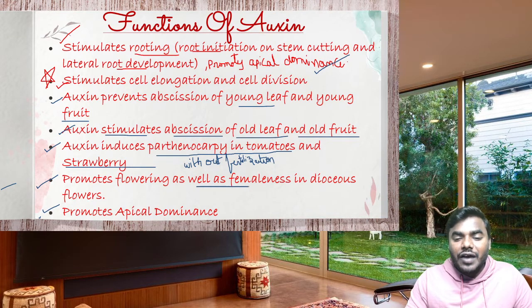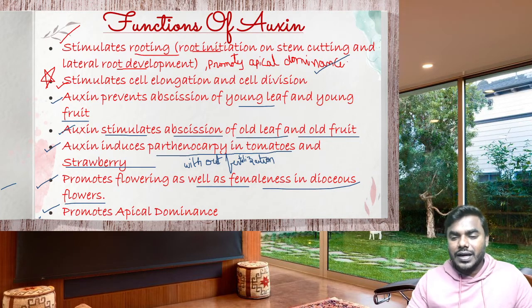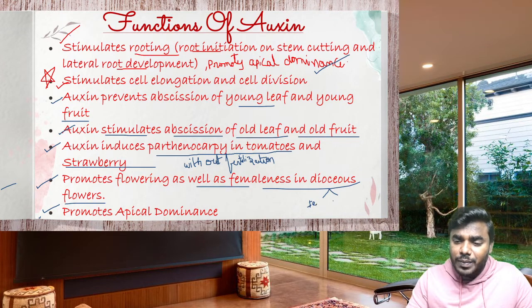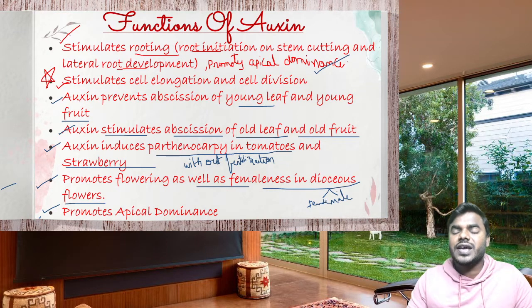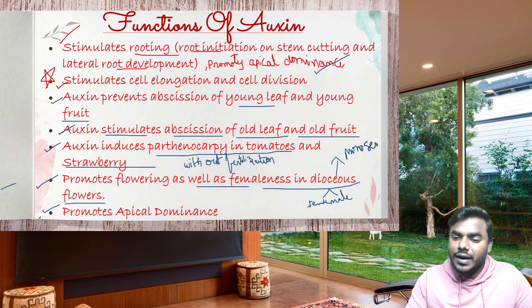It promotes flowering as well as femaleness in dioecious flowers. Dioecious, people will think, means bisexual. No, dioecious means either male or female. That's what dioecious means. So dioecious means monosexual. Understand?